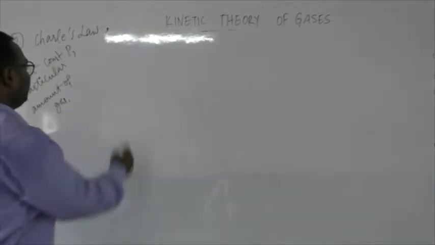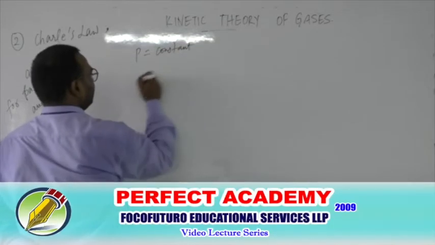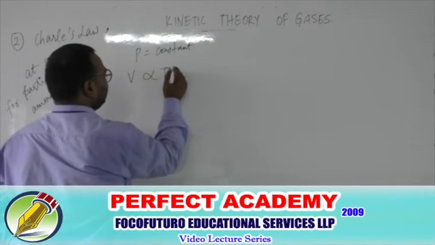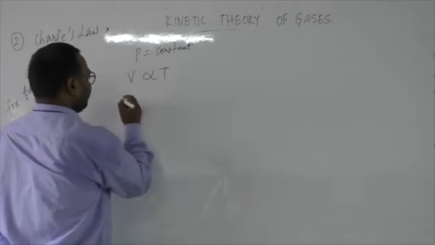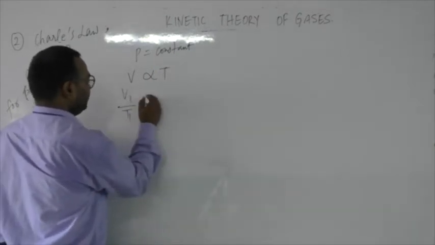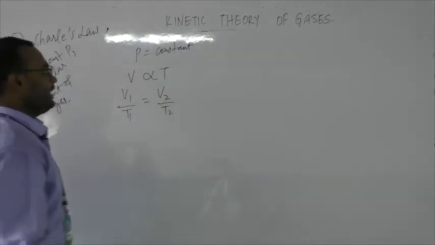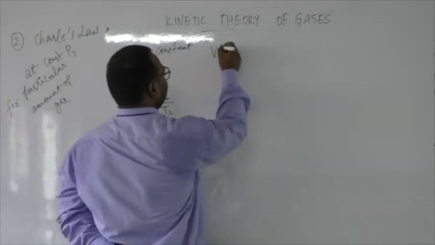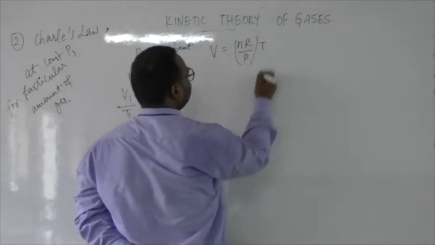That means when P is constant, volume is proportional to T. That means you can write V1 upon T1 equals V2 upon T2. Right? Now you write V as NR upon P into T.